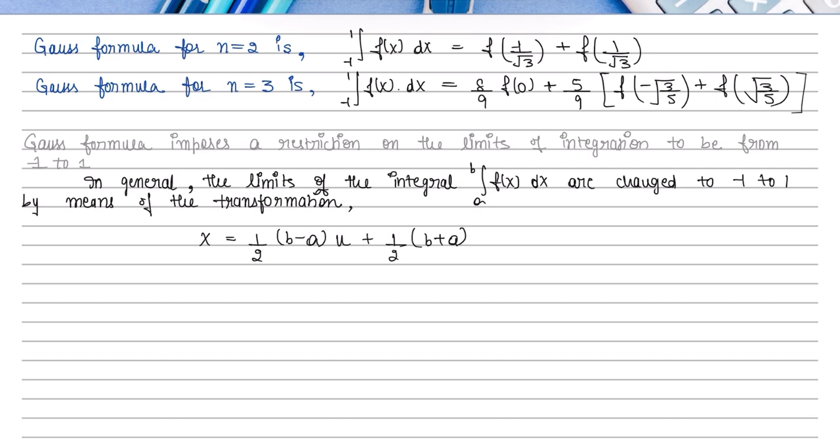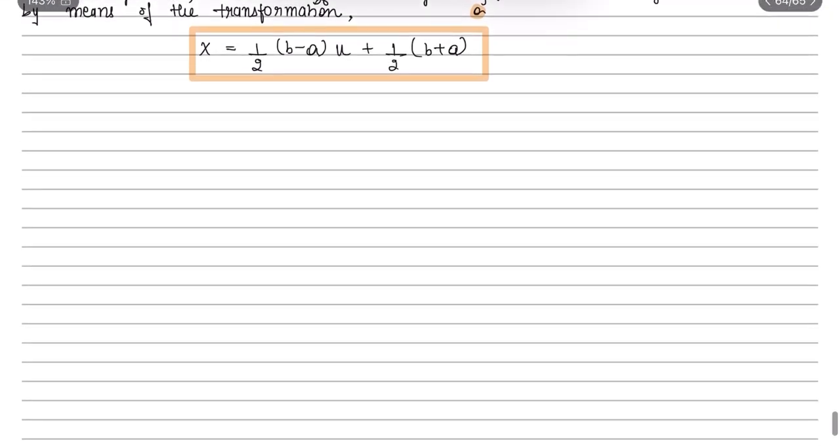Whenever we are given the limits from a to b, we always change these limits with the help of the given transformation. So, to code this formula, the first thing that we need is the function.